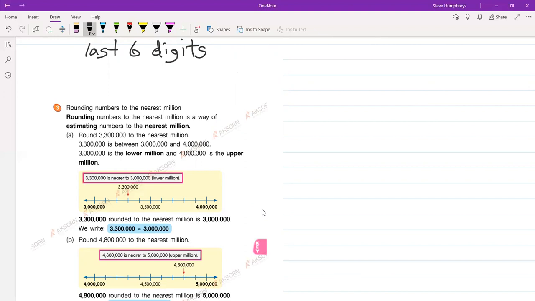We're looking at the last 6 digits. The range, 1 to 499,999. You're going to round down if the number is in this range.